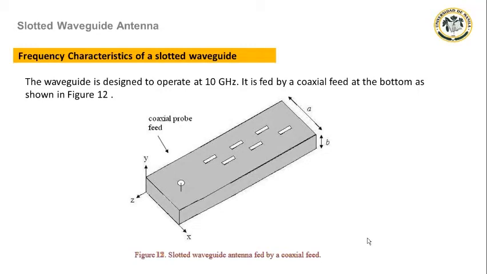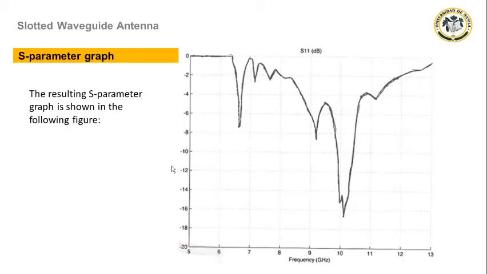The waveguide is designed to operate at 10 GHz and it is fed by a coaxial feed at the bottom, as shown in figure 12. Next, the resulting S parameter graph is shown in the following figure.